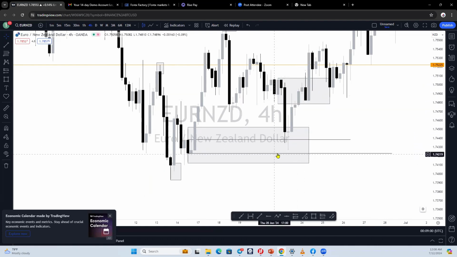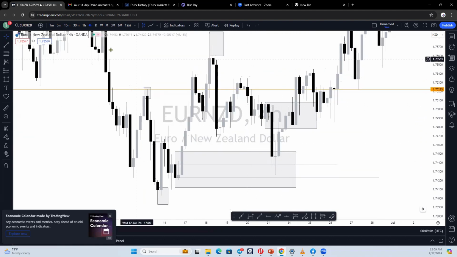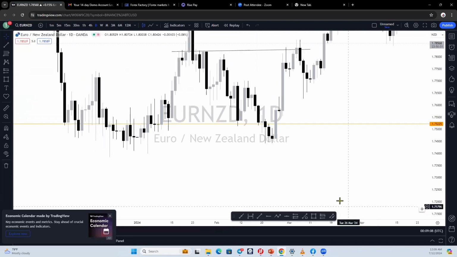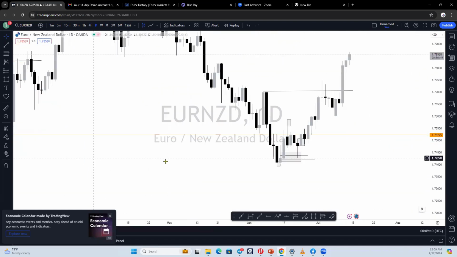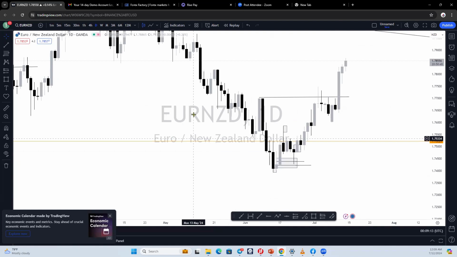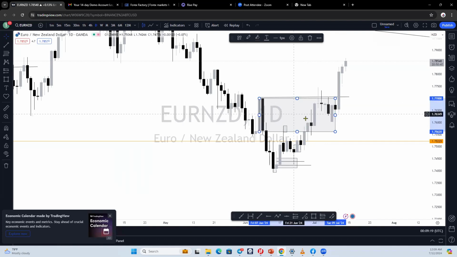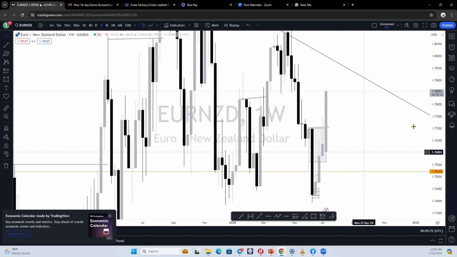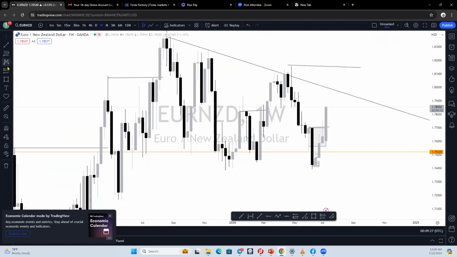Once this 4-hour engulfing breaks, you have a storyline of a daily engulfing to a daily engulfing. So your storyline becomes daily to daily. Once this particular zone breaks, you have a storyline of a weekly to a weekly direction.